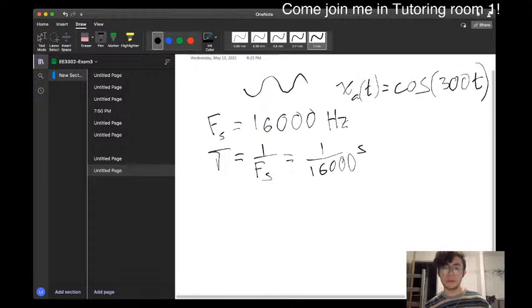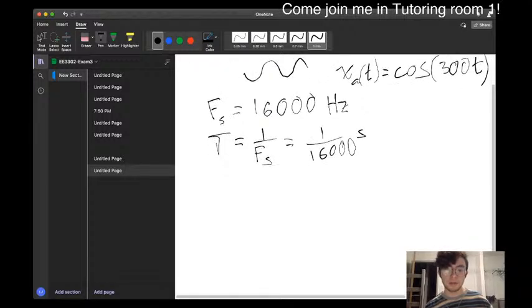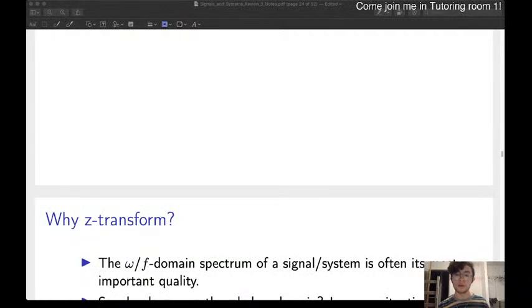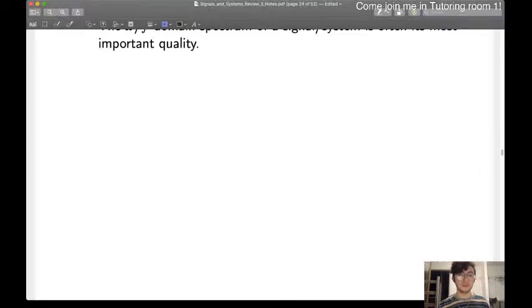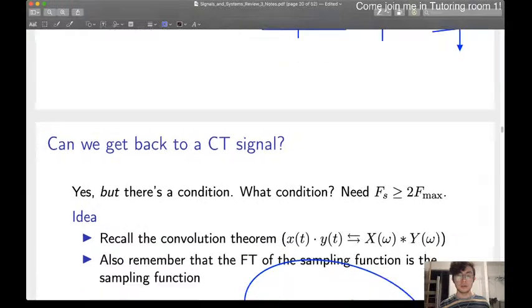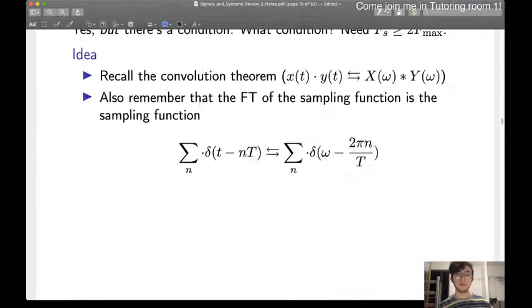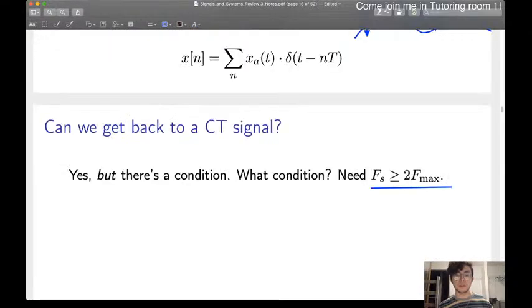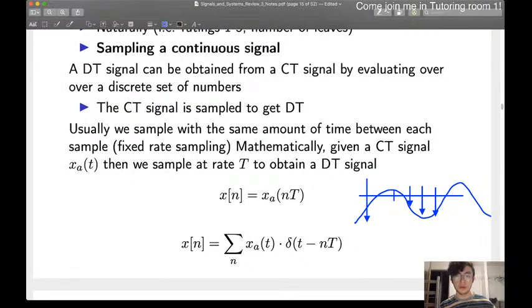So, what do we do? Sampling, x[n]. Remember the one equation that I showed y'all, go back to it. If we have a time domain signal, we can apply this one right here, and we'll get our sampled signal.